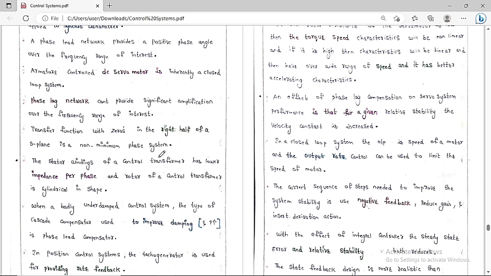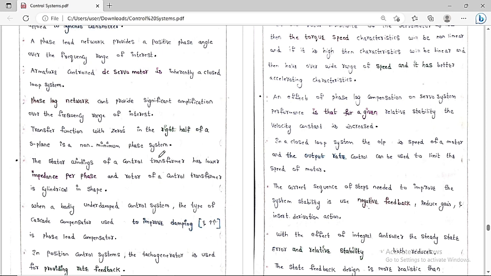For this control transformer, the stator windings have low impedance per phase and the rotor is cylindrical in shape.